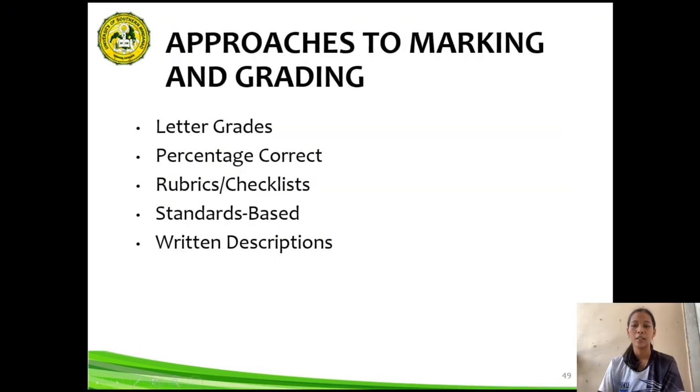So that's it. Those are the 5 approaches to marking and grading.